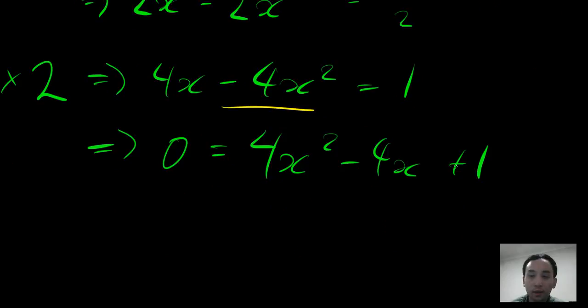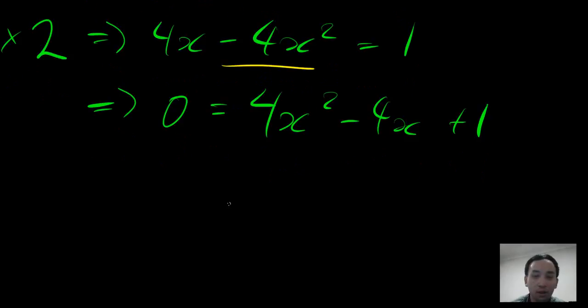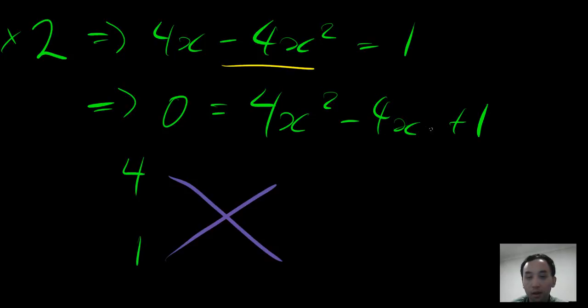Okay, and what can we do over here? Well, it's really up to you, but in this case maybe cross method. Okay, yeah, let's use cross method for once. Okay, different color for this one. So factors of 4 over here. So you use 4 and 1 in this case, and we need to end up with -4 in the middle.